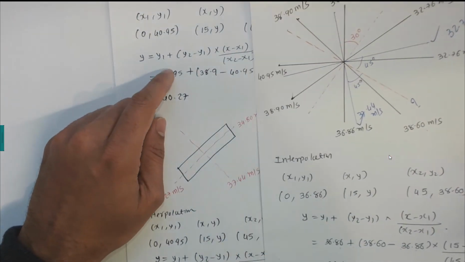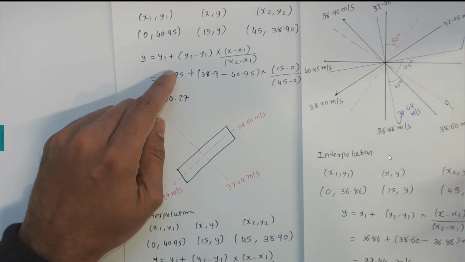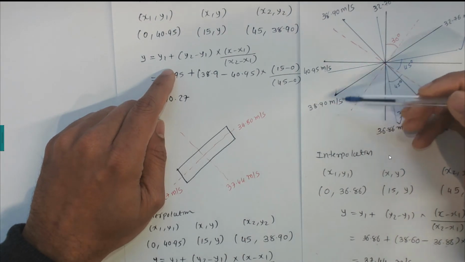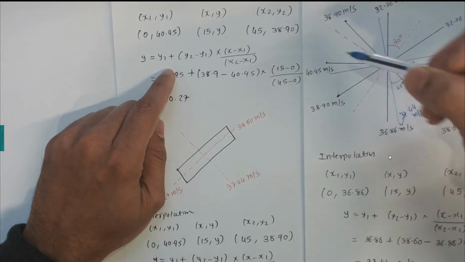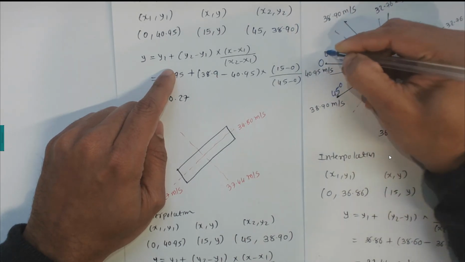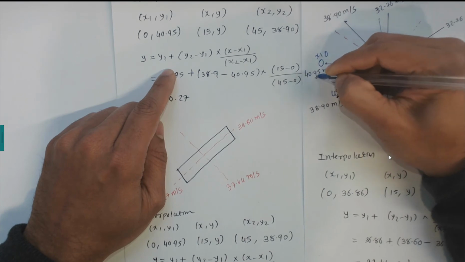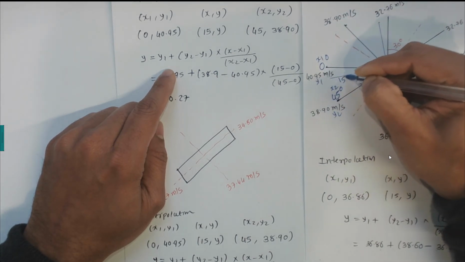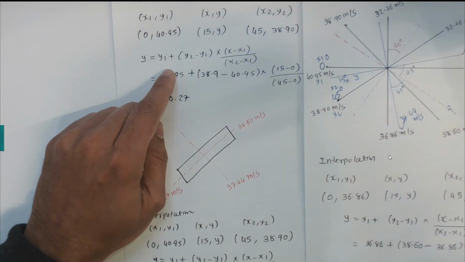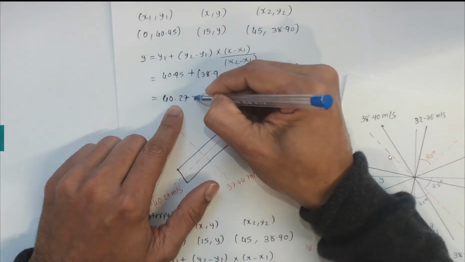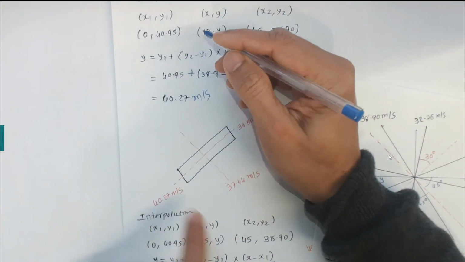So the interpolation will be given between these two, 40.90 and 30.90. Take the 0 here, so let's say the angle 0 is here, 45 degrees here. So this is your x1, y1, x2, y2, and this is 15 degrees here, that is your x, and we need to find the y. So that's what I'm doing here. Substitute the values. Interpolation gives 40.27 meters per second, so that comes here.